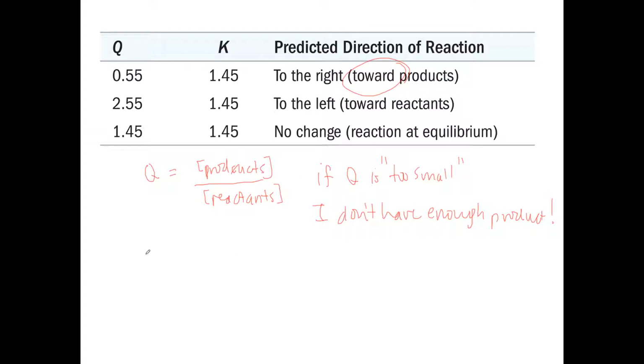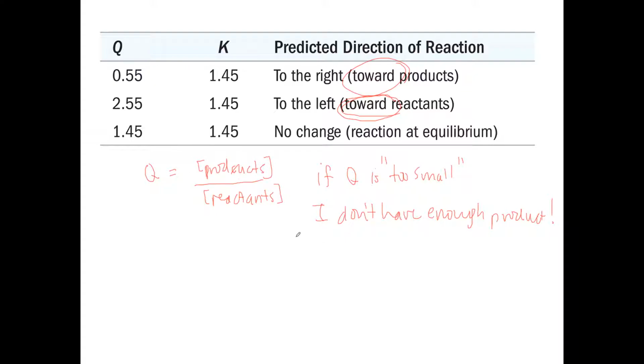Now, what if I have 2.55? That means my numerator's too big. It means I have too much products. That means it's going to go away from the products or toward the reactants. Okay? And if Q is the same, then it means I have just the right amount of products.